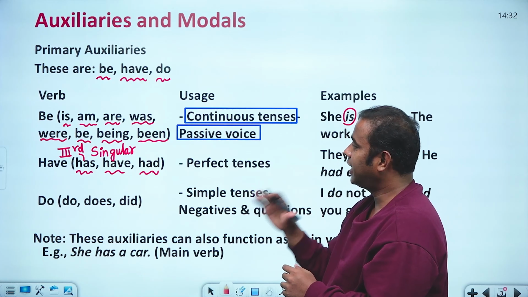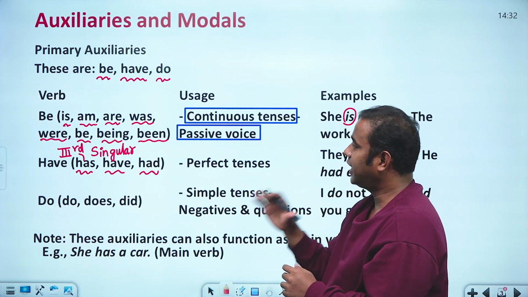Then another verb is do. So do, did, and does. Does is also the same thing; for a third person singular, we use does. Where do we use this one? We use this for simple tenses, and also we use it for negatives and questions.